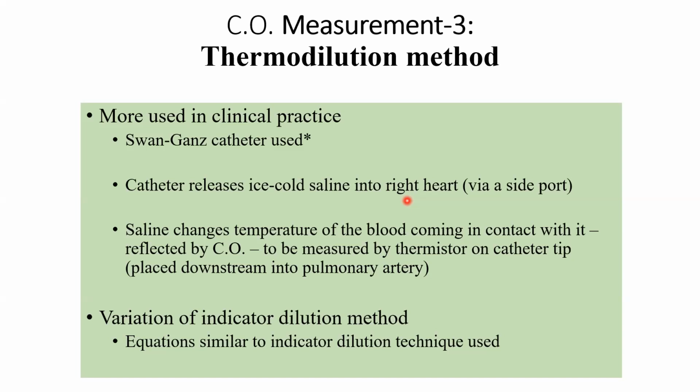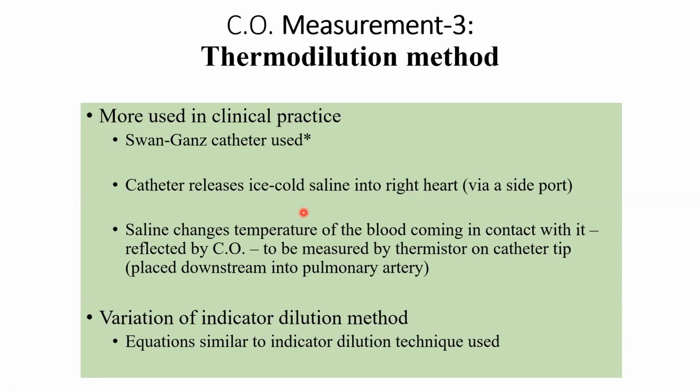Right. So when you introduce the ice cold saline into the right heart, that very cold water will obviously decrease the temperature of the blood that it has been released in. Now this blood, when it goes through the right AV valve into the pulmonary artery, that is where the tip of the thermistor is.